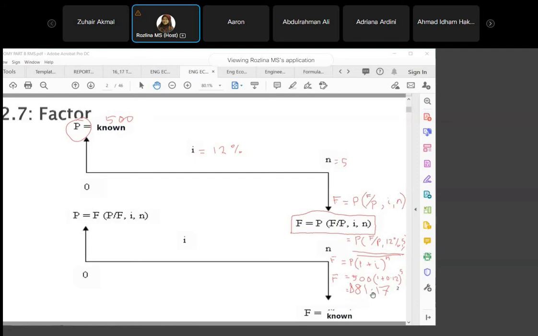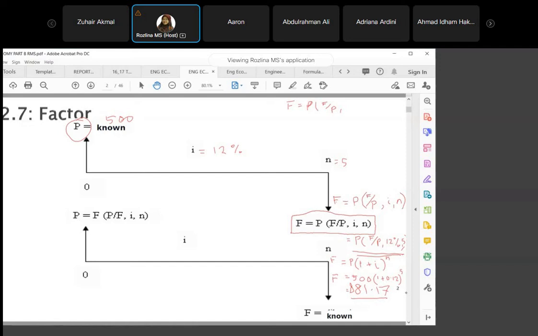Okay, 881.17. Now, you try to use the table. If you use the formula, the answer is 881.17. Now you want to use the table. F equal to P, F over P. Next time I will put it on my table.